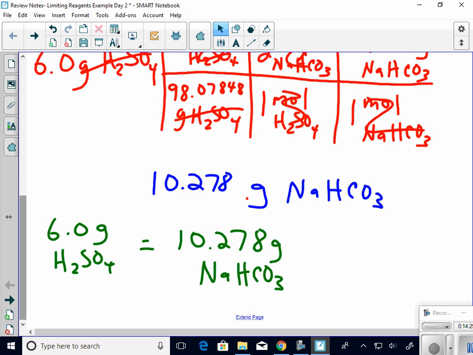Now, if I look at it this way, do I have 10.278 grams? I have way more, right? I have way more than that.